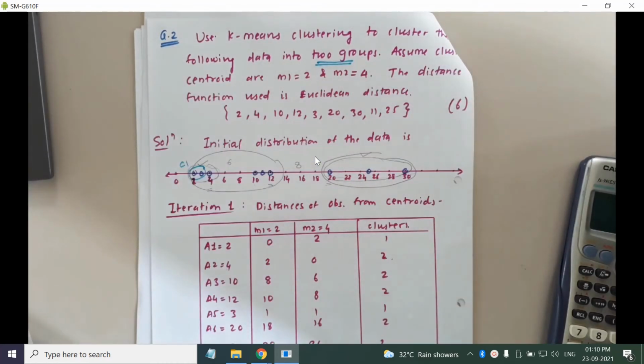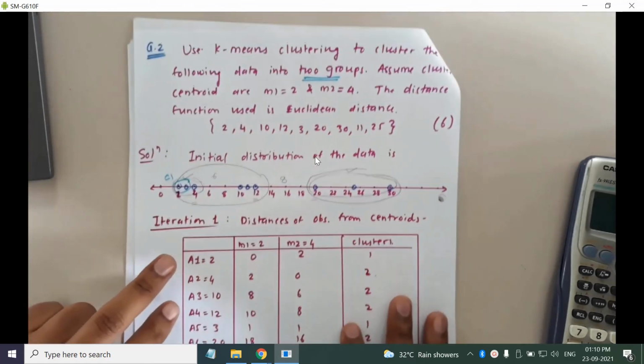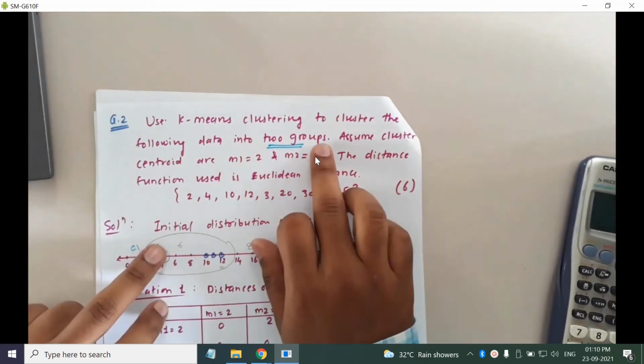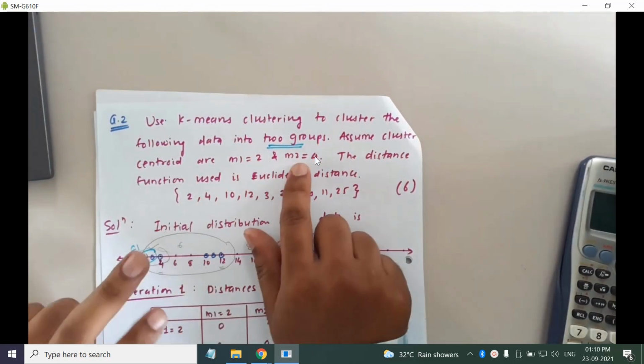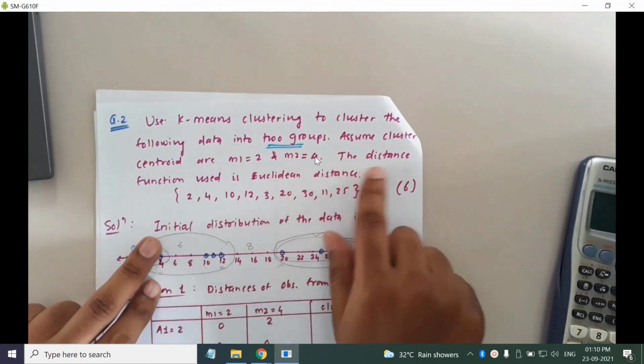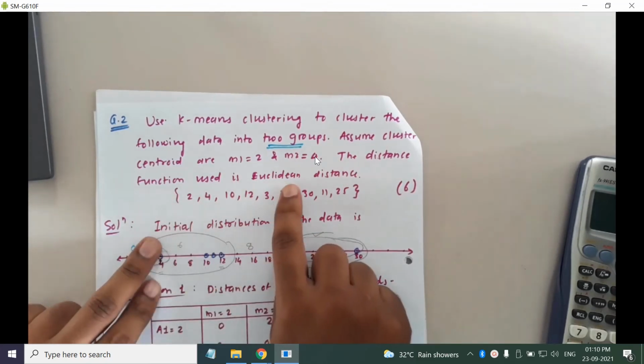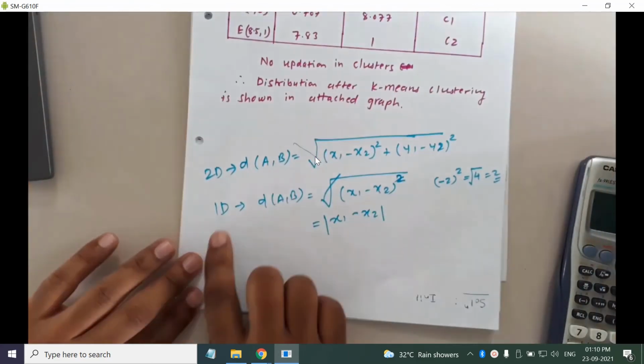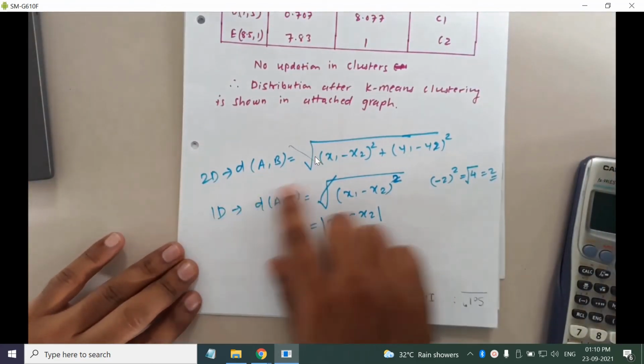Okay, and this is the original initial distribution of the data. So you have two groups, their centroids are also given, and the distance function that we have to use is the Euclidean distance. But how will Euclidean distance vary? See, for two dimensional, the distance formula is this one.